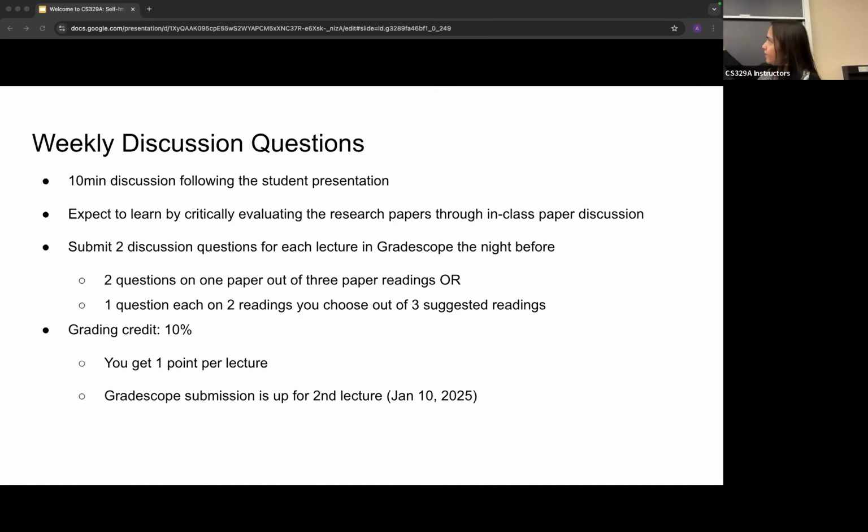For the student lectures, you get 1 point for each lecture. So there are 10 student lectures, 1 point per lecture, 2 questions. You can choose 1 reading out of 3 or 2 readings out of 3, or submit more questions, but to get that 1 point, you can basically submit 2 questions. That is what we are expecting.